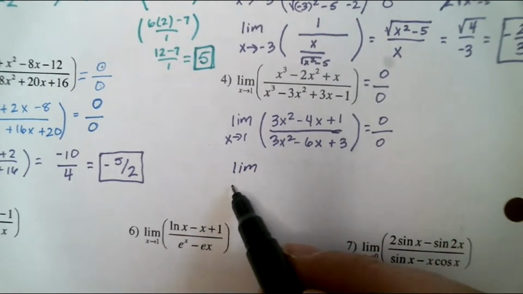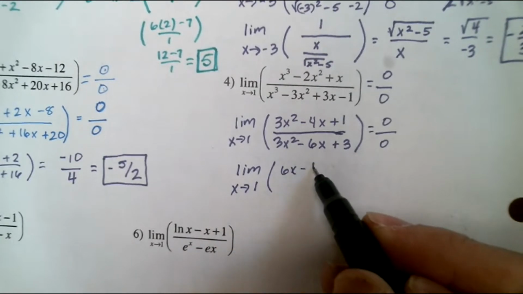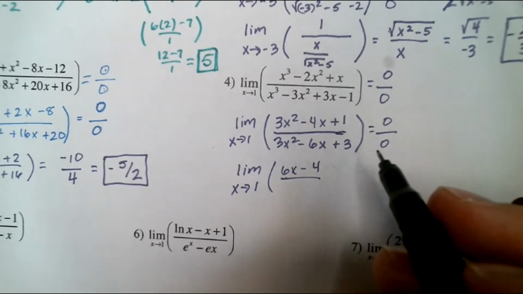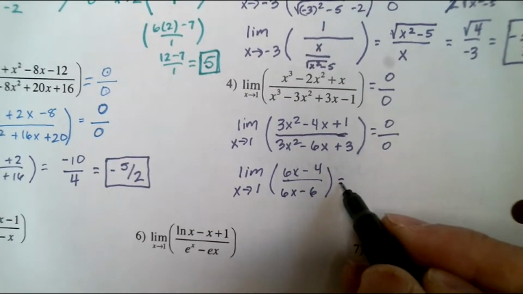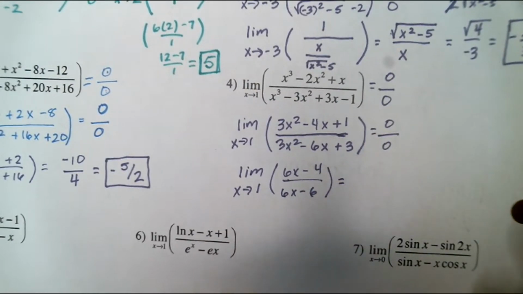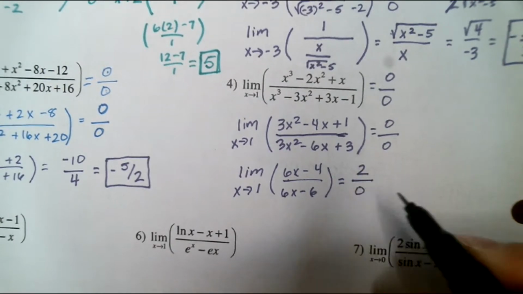So then my limit as x approaches 1 would be 6x minus 4 over 6x minus 6. That would give me 2 over 0.